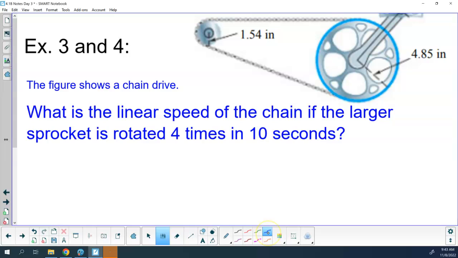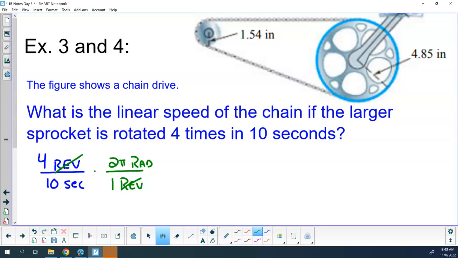It is making 4 revolutions every 10 seconds, right? And 1 revolution is 2 pi radians, correct?